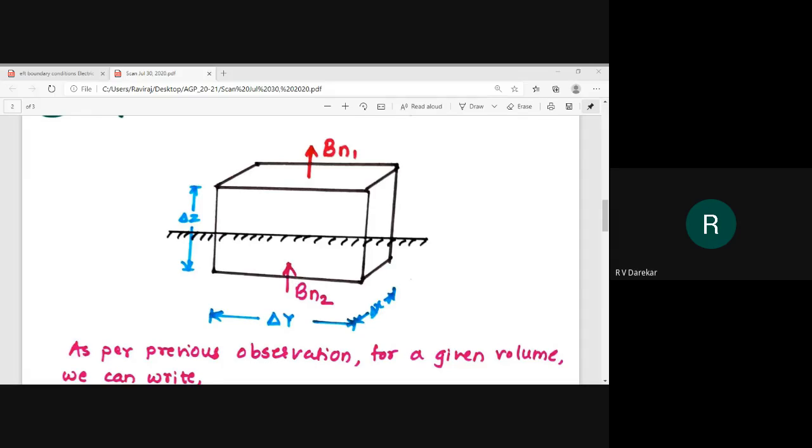Amarnath, what could be the reason, my friend? Why are we going to consider a loop somewhere and a box somewhere?